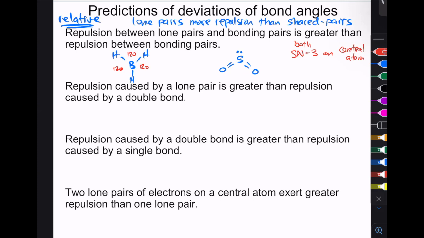But the bond angles are going to be a little different here, because here, one of the packets is a lone pair. It's got greater repulsion force than the shared pair does. So let's draw nice thick arrows here. Now, I don't want to put an actual number on what that bond angle is going to be here, but this bond angle here is going to be less than 120 degrees.